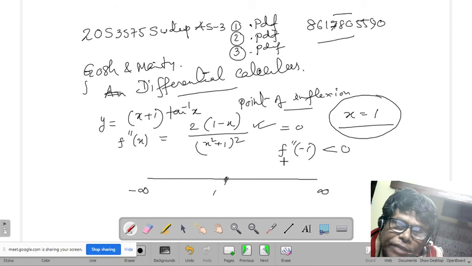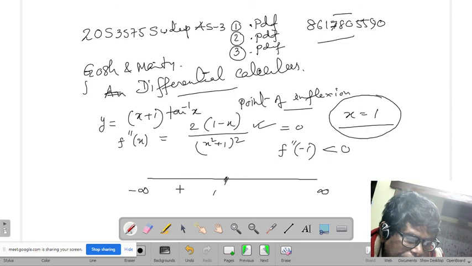So it is negative, that means the second derivative is negative in this region, and the second derivative is positive from 1 to infinity.